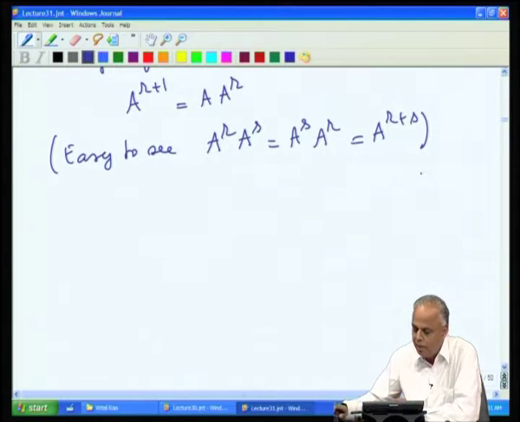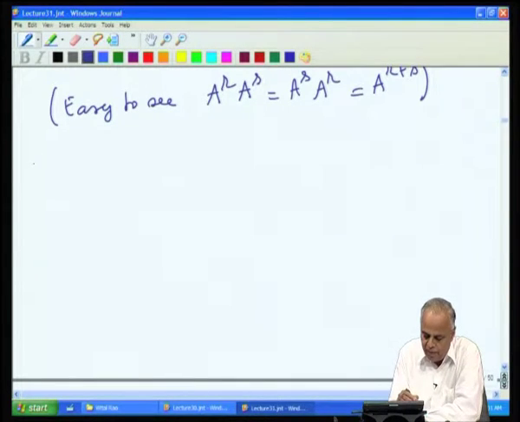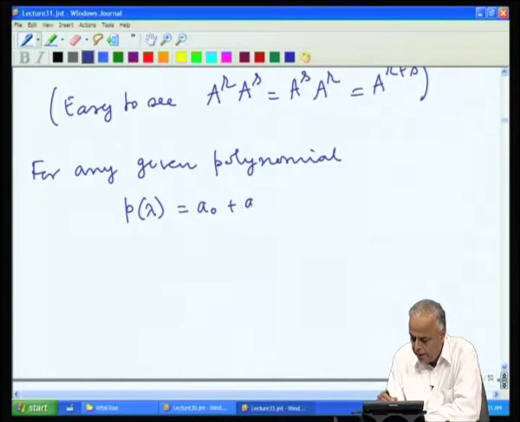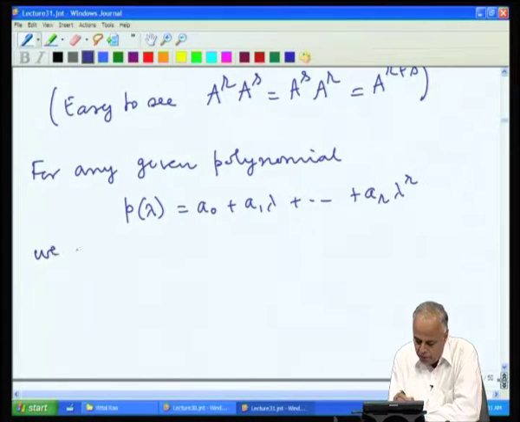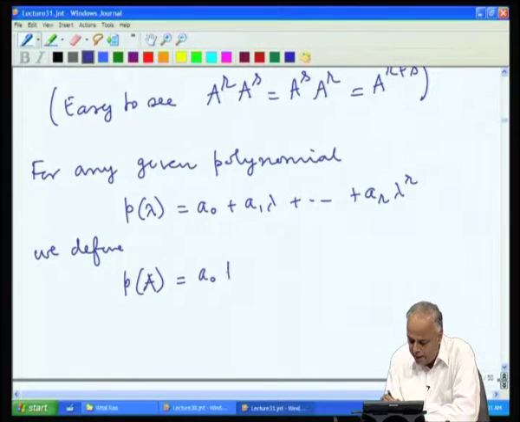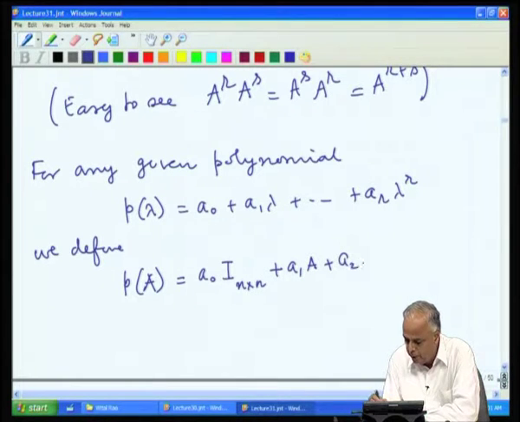So, we first define the power of A, then we define, for any given polynomial p of lambda equal to a naught plus a 1 lambda plus up to a r lambda to the power of r, p of A. We define the polynomial of the matrix A as a naught I plus a 1 A plus a 2 A squared plus up to a r A to the power r.